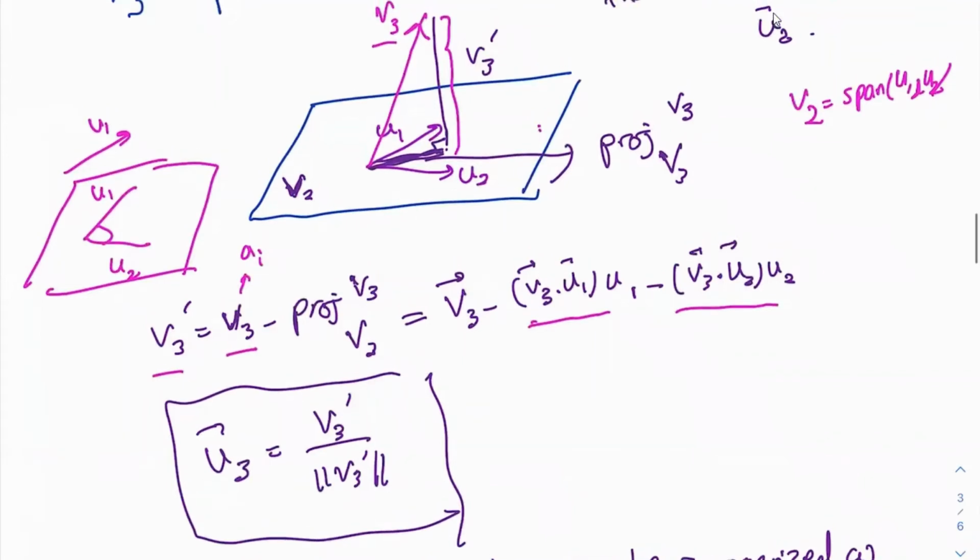So U1 and U2 are similar to Q1 and Q2, right? When you define U1 and U2, you make sure that U1 and U2 are orthogonal to each other, and each one has a unit norm. The same thing is true for Q1, Q2, all the way to Qi minus 1. Now we are in the ith iteration, right?